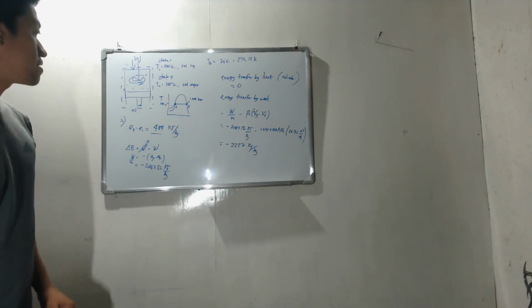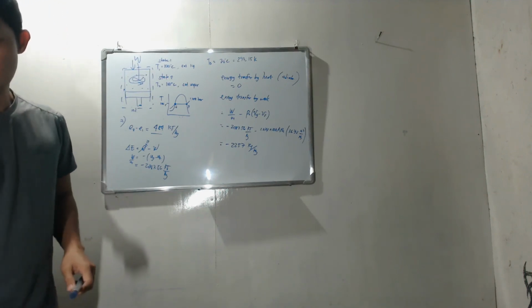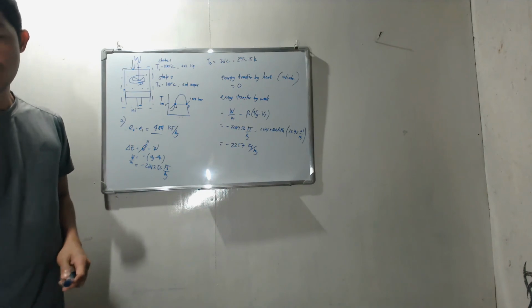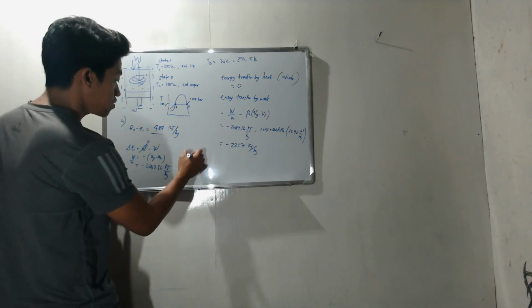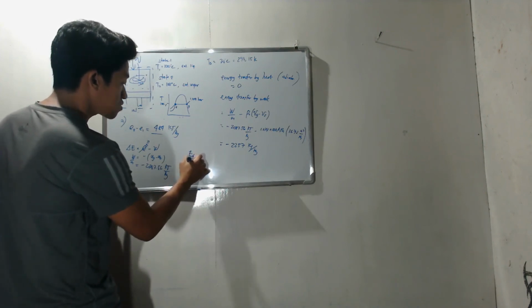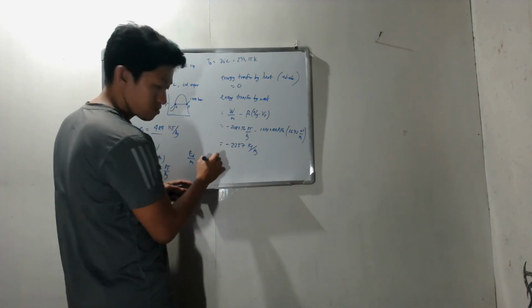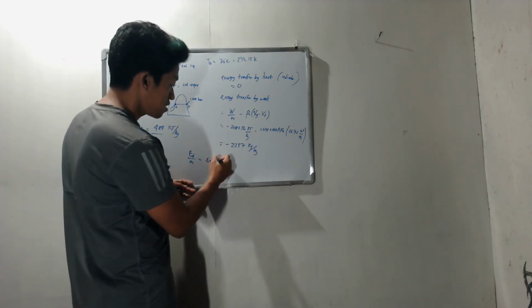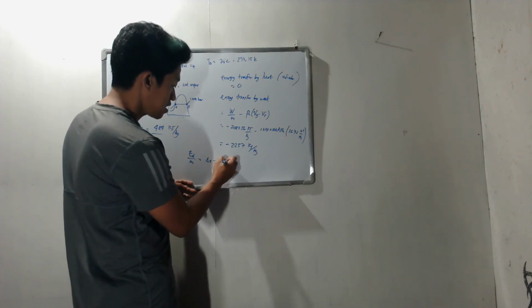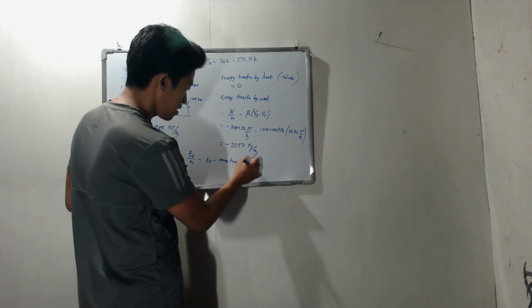Lastly, exergy destruction. To get the exergy destruction, we need to use the exergy balance: delta E minus exergy transfer by work.